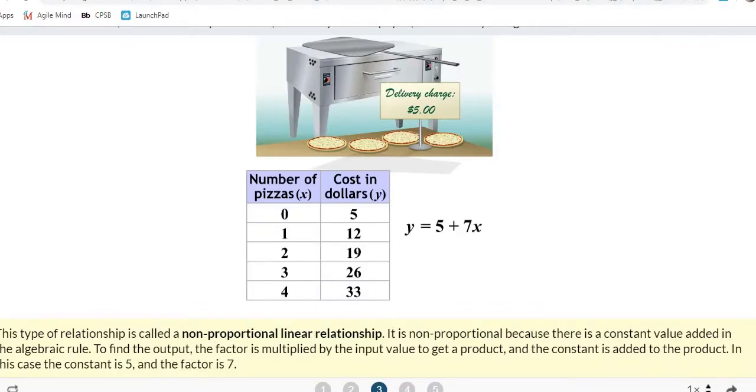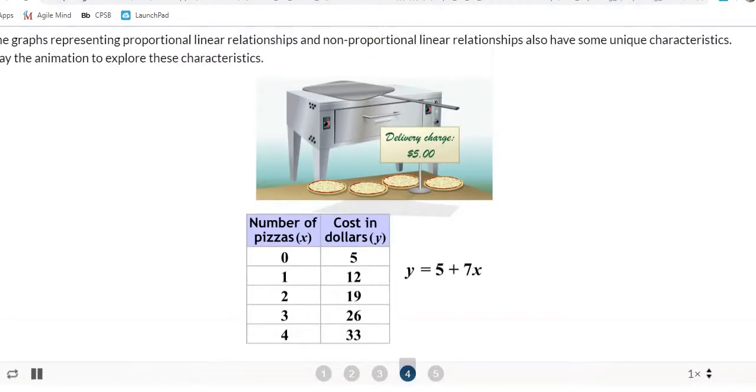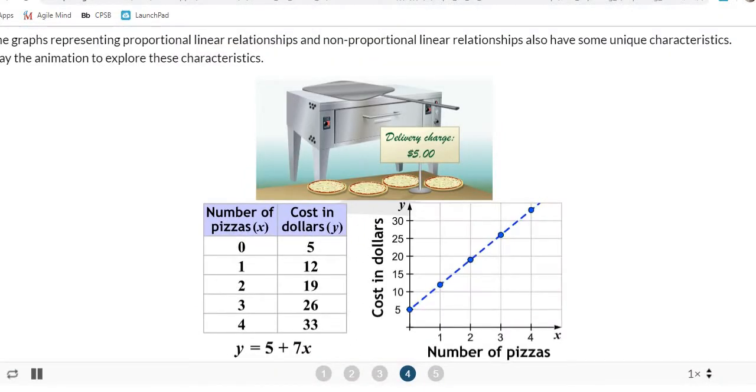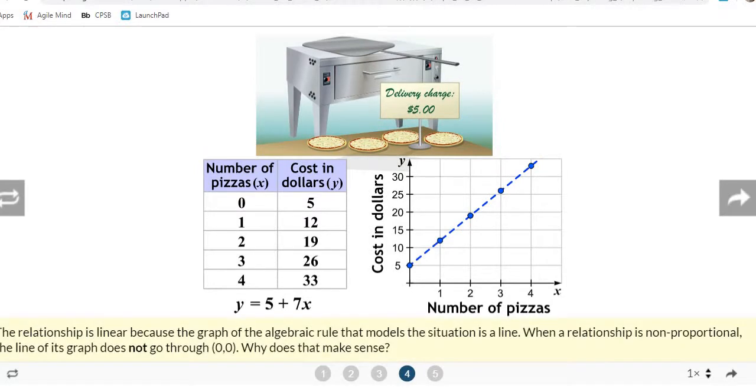Proportional doesn't have a plus or minus sign, correct, but non-proportional does. So looking at the graph of this, what immediately tells me it is non-proportional? Because it's not going through the origin, but it was straight. Doesn't matter. It had to meet both rules, straight and through the origin.